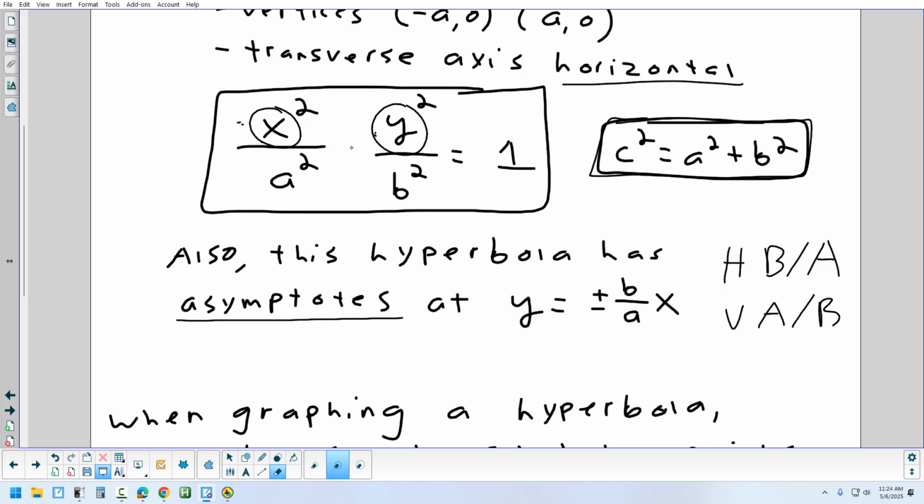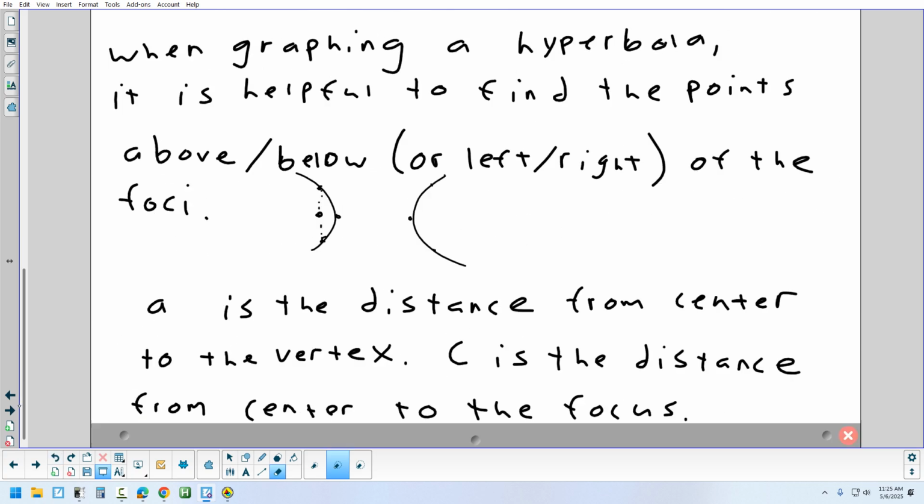That's where the negative has to be. It can't be on the A and it can't be on the B. You'd have to swap your fractions and put the negative in the middle. But I don't think you're gonna have to worry about that. Okay, so A is center to vertex, C, center to focus. And that's over on the side as well.